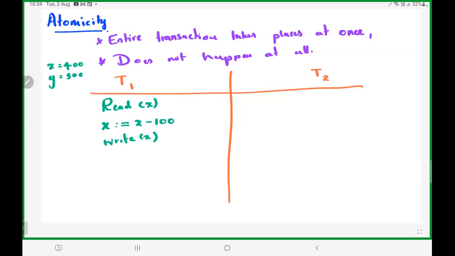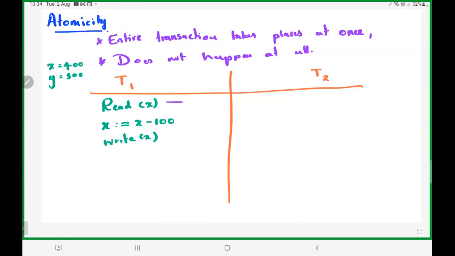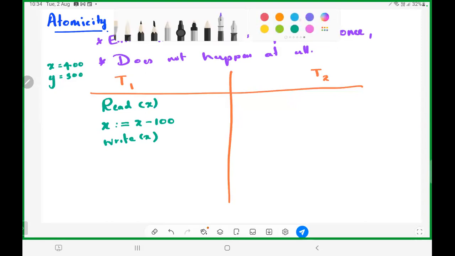When they read X, it will be 400. After deducting 100 rupees, it will be 300. Then they will write 300 into the database. Right?